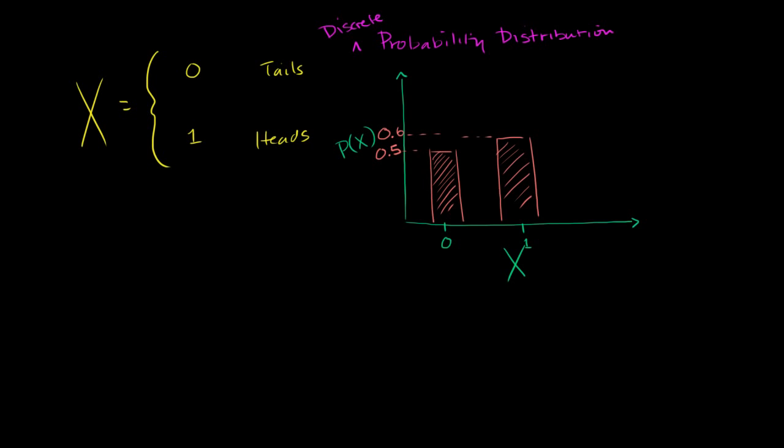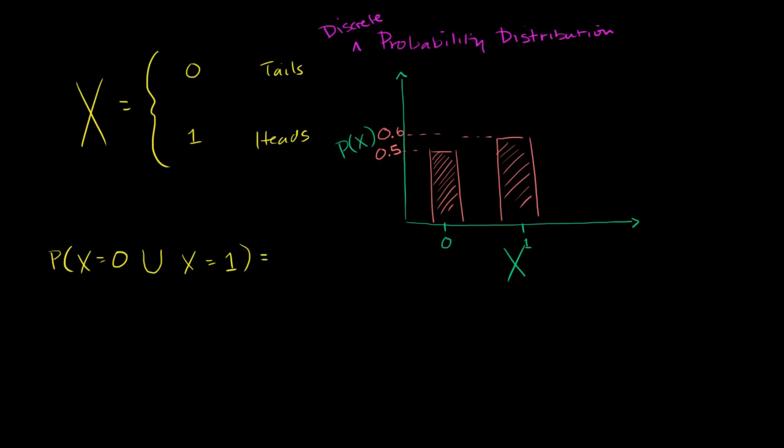Well, let's think about the probability of getting any one of these outcomes. Let's think about the probability that our random variable is equal to 0, or, we're doing a union here, not an and, the probability that our random variable is equal to 1. These are all of the possible outcomes. We're essentially saying, what's the probability that we get one of the possible outcomes for our random variable?